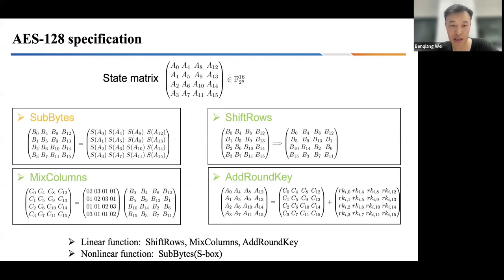So during the homomorphic evaluation of AES, I think there are 2 challenges. The first one is how to compute the nonlinear function SubBytes, because it is unfriendly for FHE. And the other is how to deal with high multiplication depth, because for AES-128 we must perform 10 rounds to finish it.